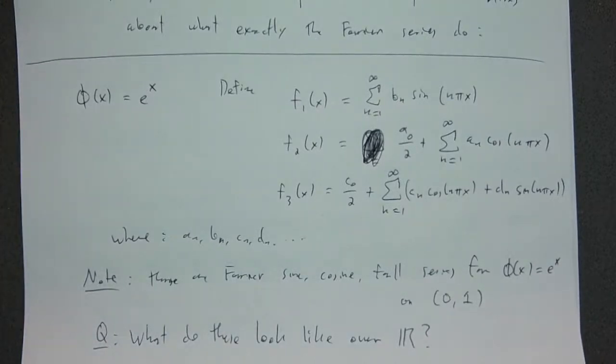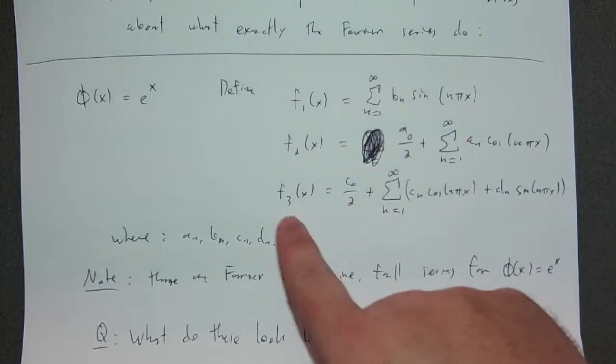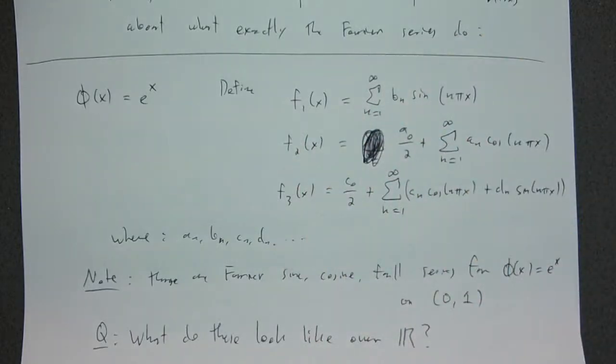Now I'm not plotting the partial sums. I'm actually plotting the Fourier series here because I want to know what they look like. Remember, f sub 1 is the sine series, f sub 2 is the cosine series, f sub 3 is the full Fourier series.